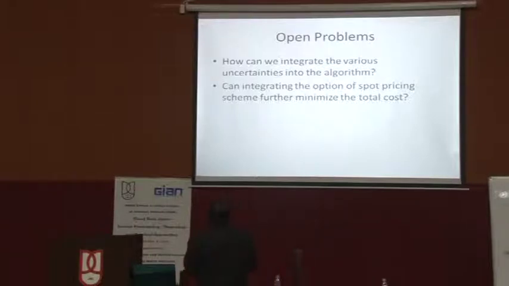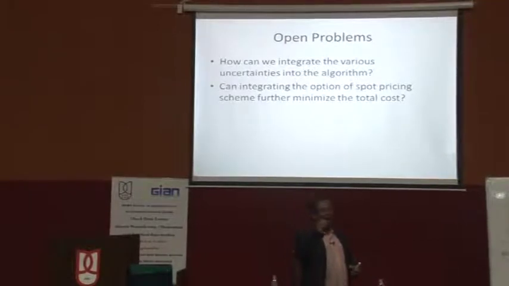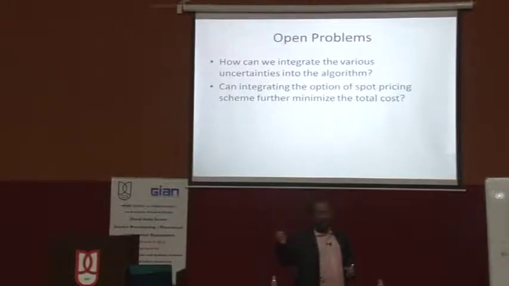Can integrating the option of spot pricing further minimize the total cost? I will talk about spot pricing after the break, very shortly, because it's now almost 12. Instead of on demand, remember we said there are three. Spot instance is opportunistic use of resources.